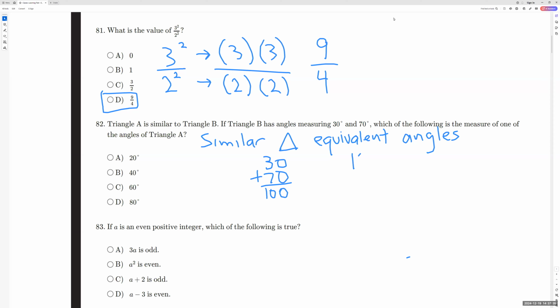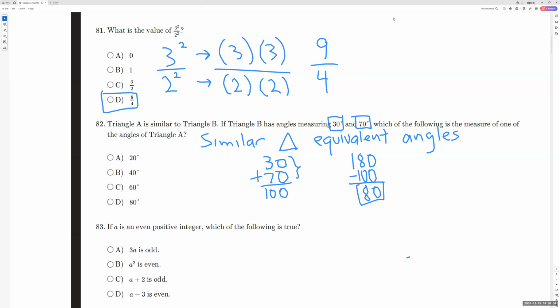So let me find all the angles of the first triangle. I'm going to subtract 100 from 180 because those 2 angles add up to 100, and I'm going to get 80. So the measurements of the 3 angles are 30, 70, and 80. And I'm going to see if any of these numbers match my choices.